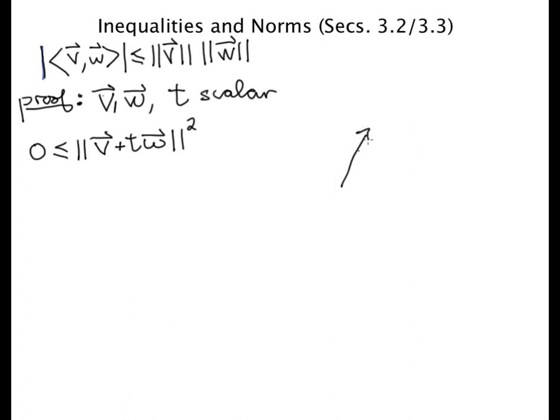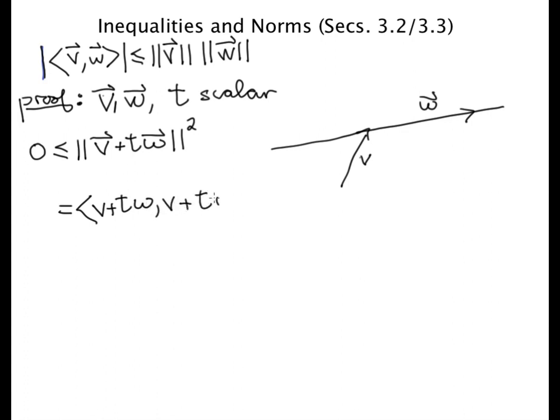That is the vector v plus some multiple of the vector w, so it's some vector along this line. And I'm looking at the squared length of that vector. Well, what is that? That's, by definition, the inner product of v plus tw with v plus tw. And we can work this out.